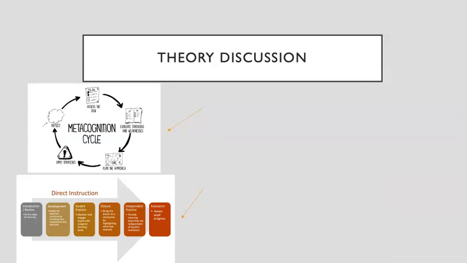When we talk about theory, there are 4 different theoretical frameworks that I think are clearly present when we analyze this program. Firstly, and primarily, I think we need to talk about metacognitive theory.